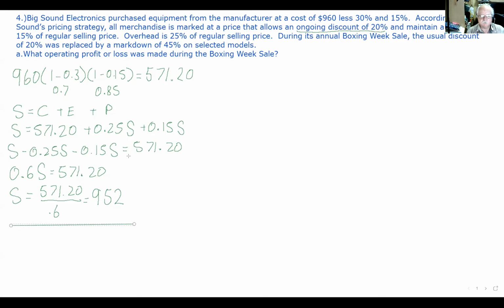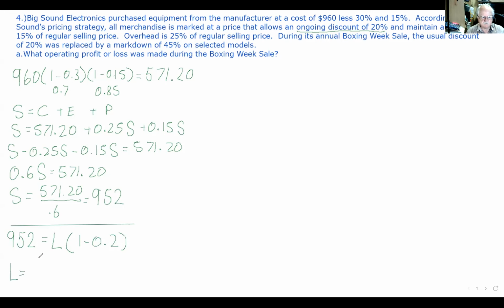Because there's 20% off, what we're going to do is take the price we know they want, $952, equal to some price we don't know, but we do know we're having a 20% off sale. So 0.2.